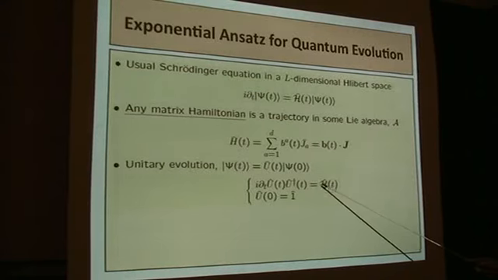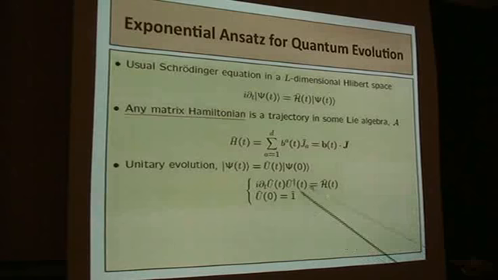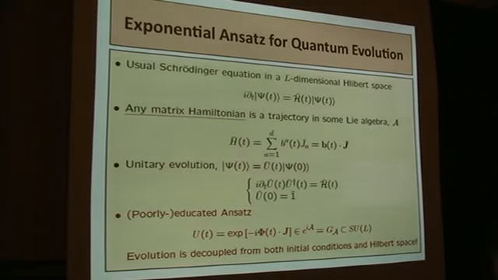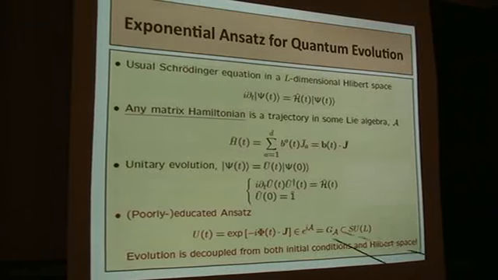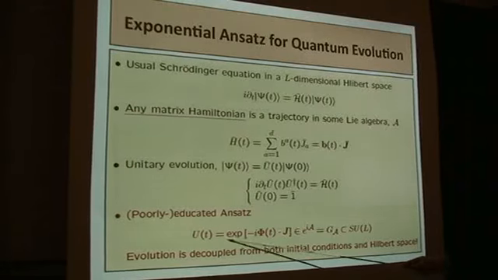From the mathematical point of view, the Hamiltonian is a trajectory in a certain Lie algebra, and this U is essentially a trajectory in the group. What I need from the theory of Lie algebras and from this mathematical theory is that I want to try this ansatz for U of t.